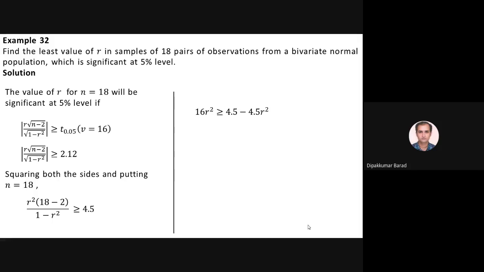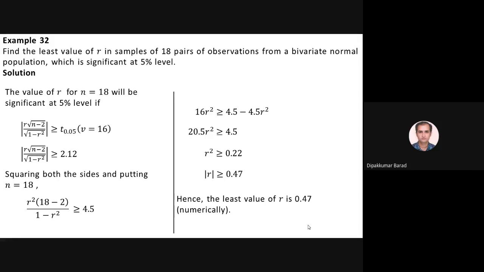After simplification, 16 r square is greater than 4.5 minus 4.5 r square. So 25 r square is greater than or equal to 4.5, so r square is greater than 0.22, so mod r is greater than 0.47. Hence the least value of r is 0.47 numerically.